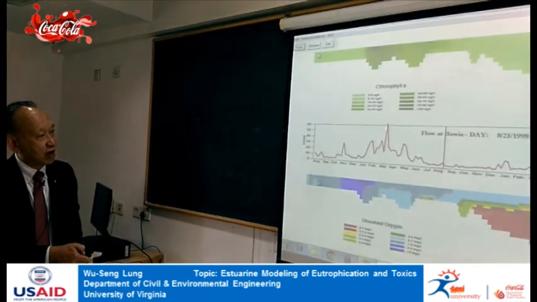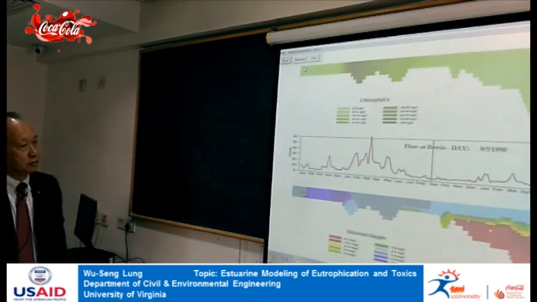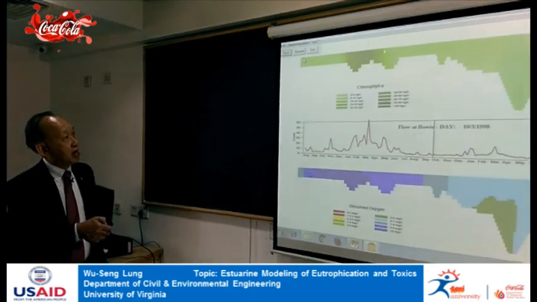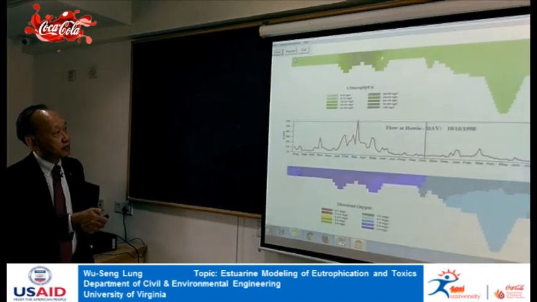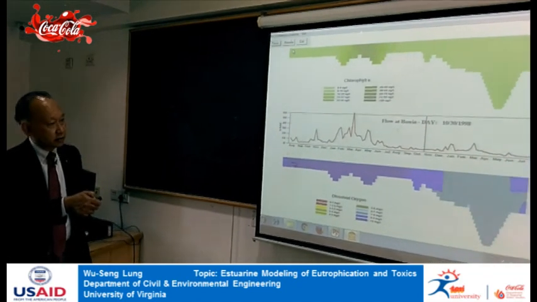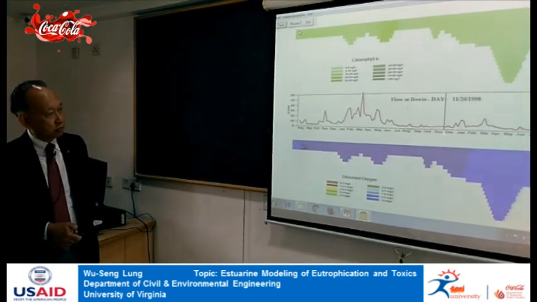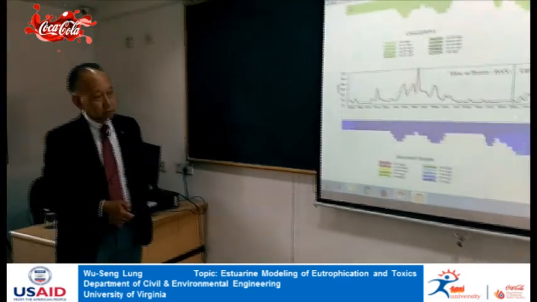This is the hydrograph. That still has strong stratification. See, the algal growth peak is always there. The peak, right? Winter time, cold, quiet down.